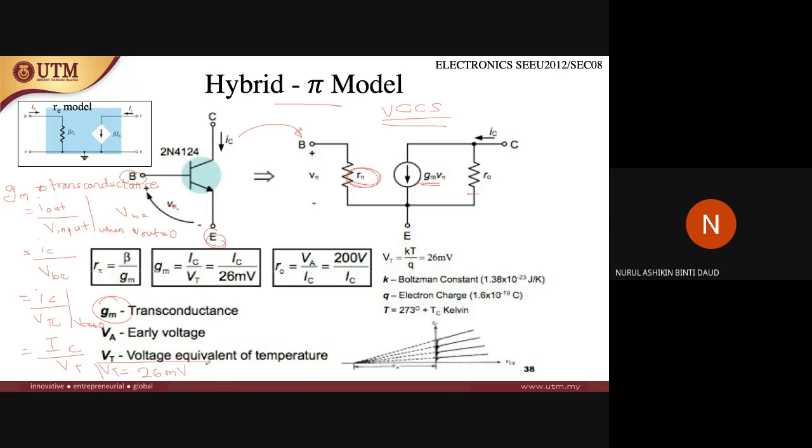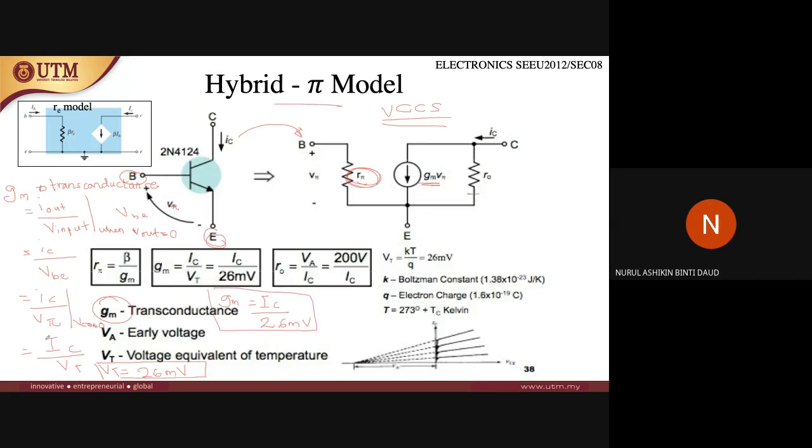So in this case, IC divided by 26 millivolts gives the value of GM.